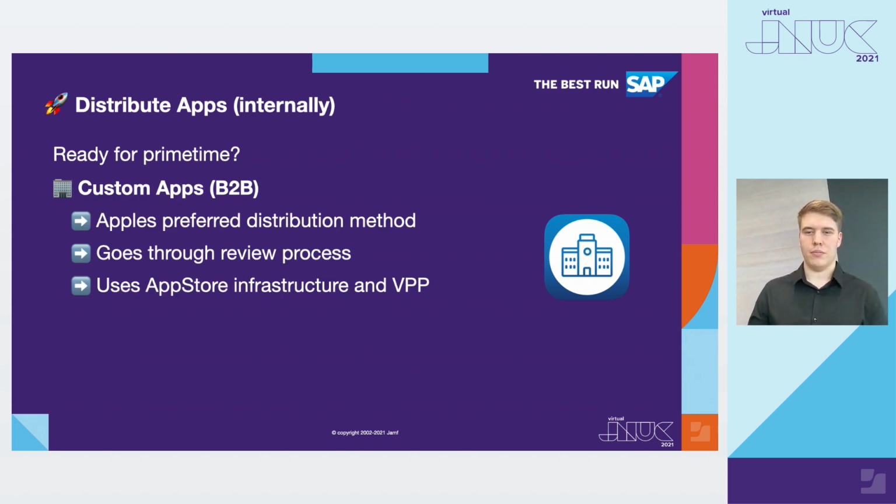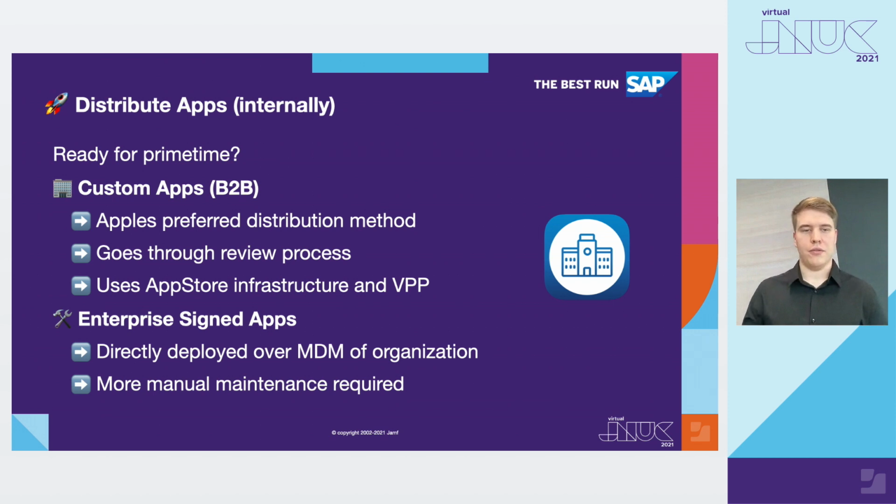Apple prefers this distribution method since it's leveraging the App Store infrastructure and the volume purchase program to buy, even if it's a free application, licenses for your own organization. However, the app will go through the review process, so Apple will take a look at your code and make sure that your app works as intended.